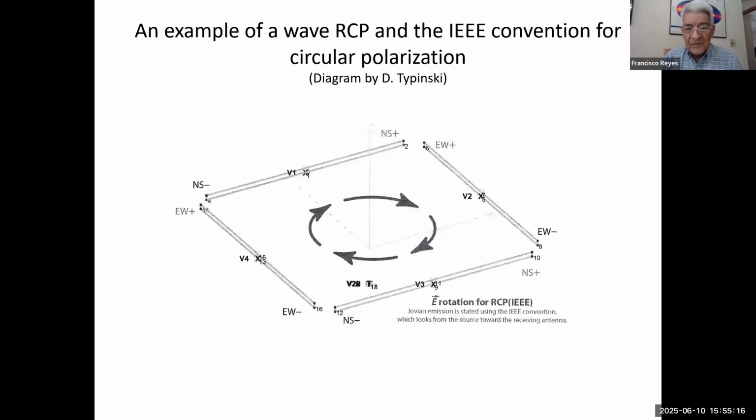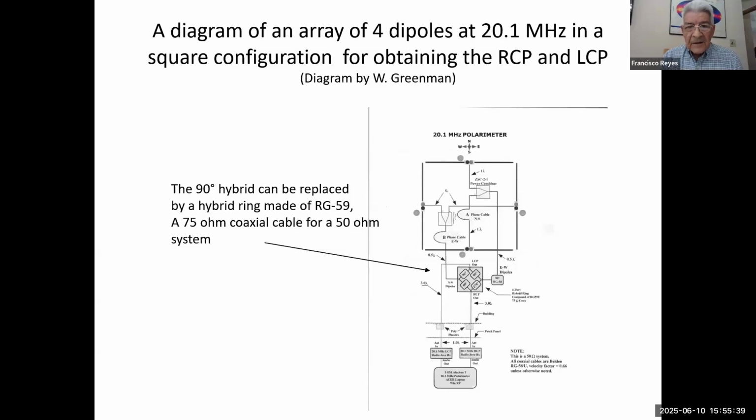To be more specific, you have a right-hand wave, which is being received by the square array, and we're using the IEEE convention for doing that. Here we have another one.